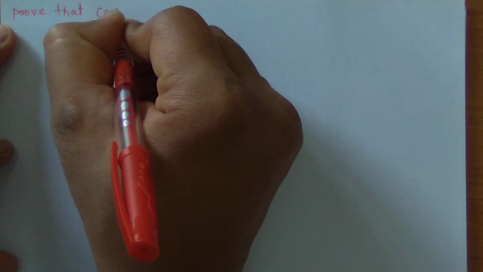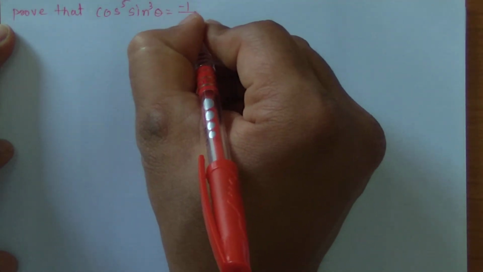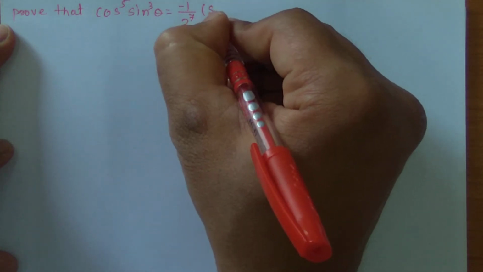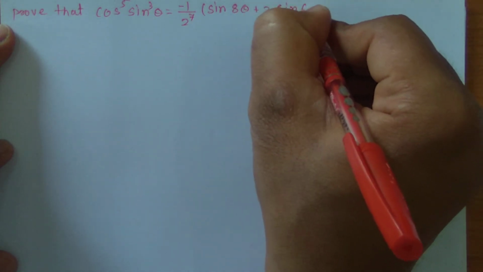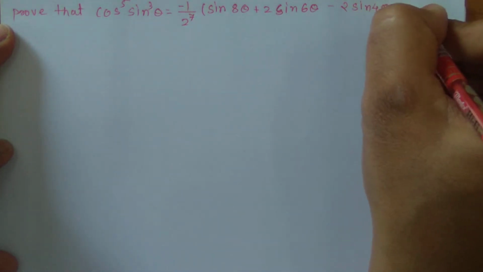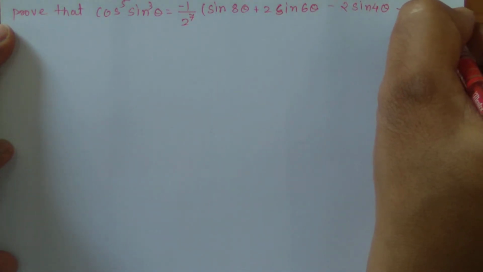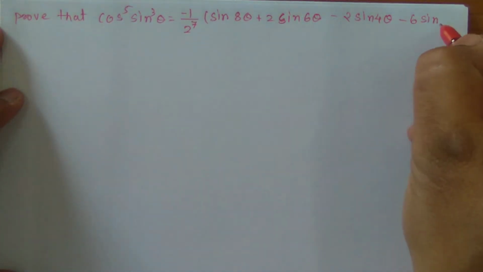cos raised to 5 theta into sin cube theta is equal to minus 1 upon 2 raised to 7 into sin 8 theta plus 2 times sin 6 theta minus 2 times sin 4 theta minus 6 times sin 2 theta.